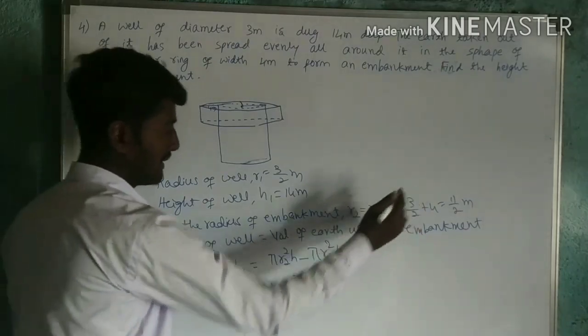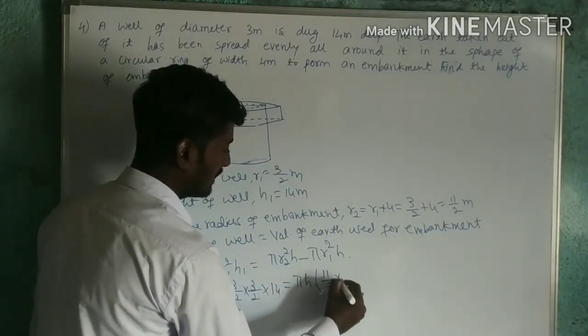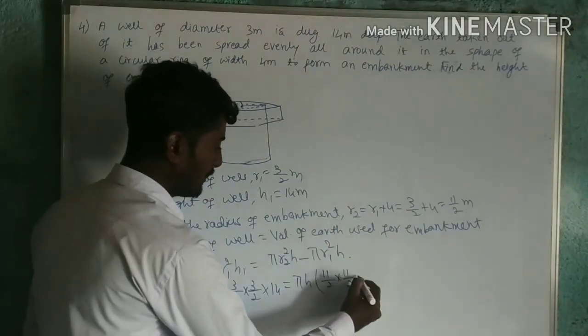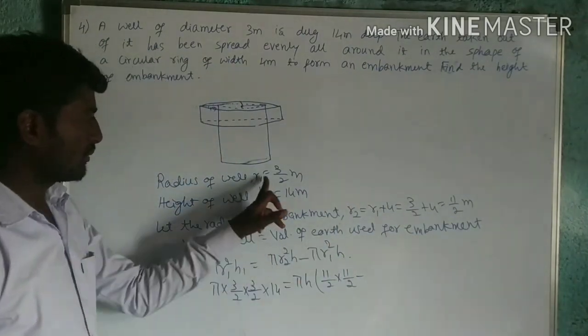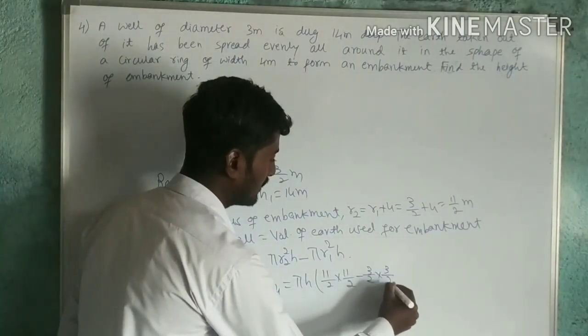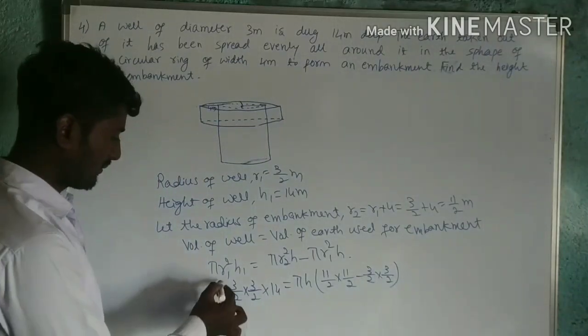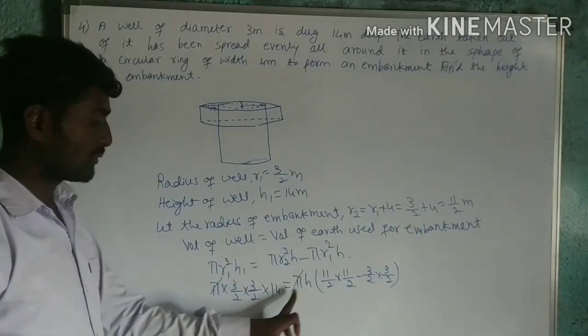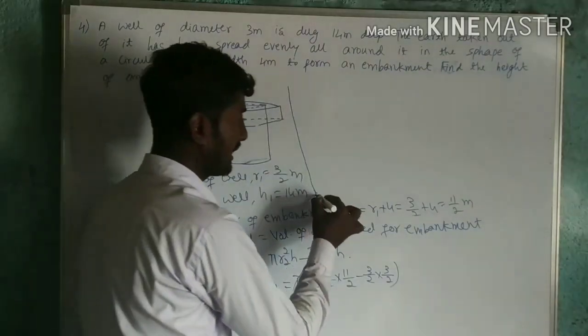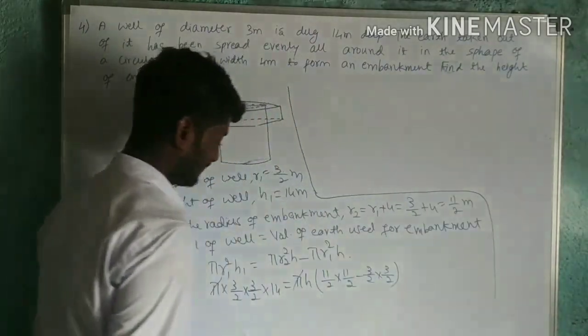R2 here is 11 divided by 2 into 11 divided by 2, since 4 plus 8 is... 8 plus 3, 11 by 2. Minus R1 square. R1 value is 3 divided by 2 into 3 divided by 2. Now here, pi gets cancelled. This h we have to find. Not height of the well, it is height of the embankment.